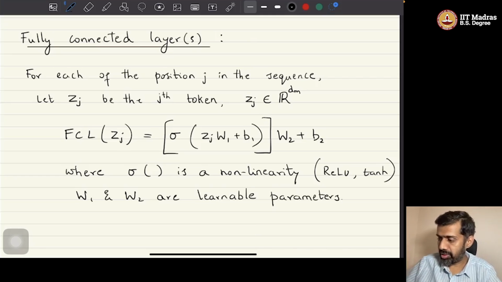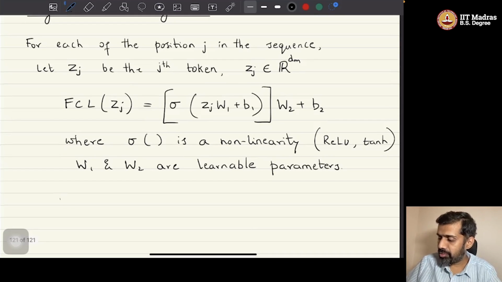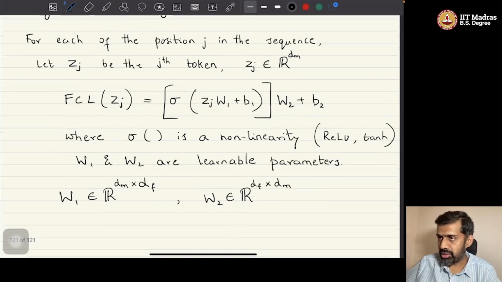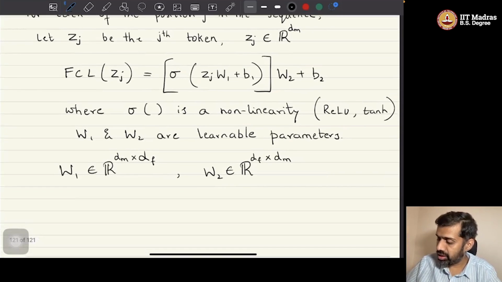So in this particular example, W1 is in R^(dm x df), let's call it some DF, and W2 is in R^(df x dm).